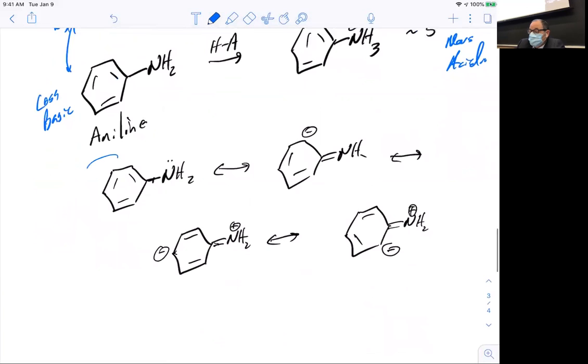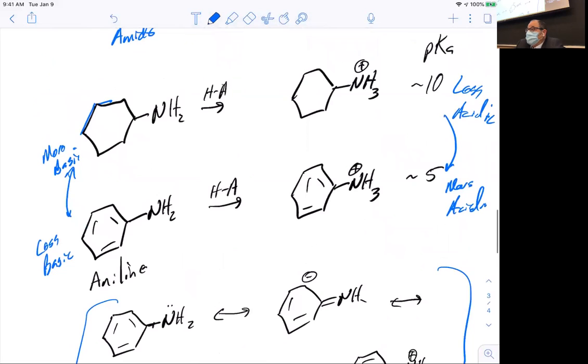And that has to do with the resonance of that lone pair through the ring. Okay, that lone pair is tied up, making it less basic. Where in the amine, it's isolated. So in this species, the nitrogen is isolated.